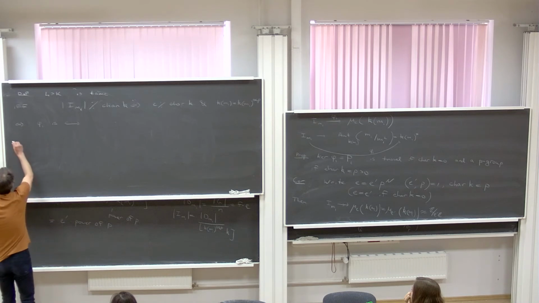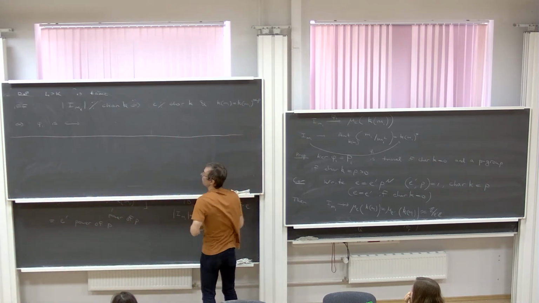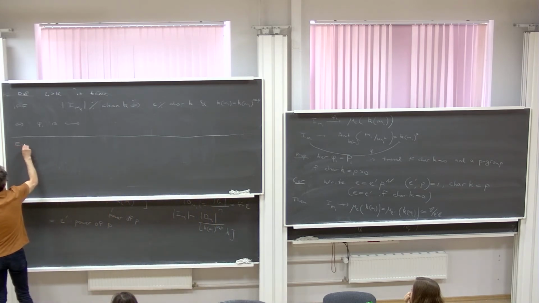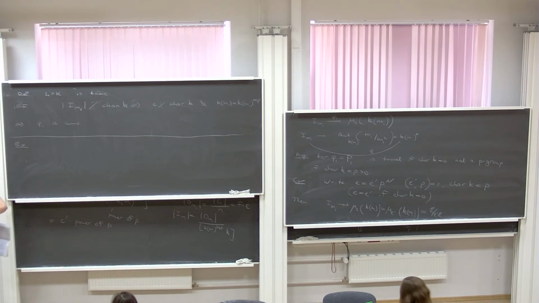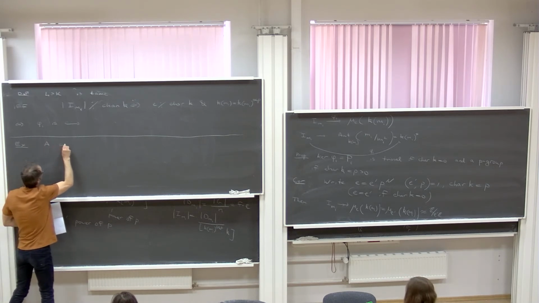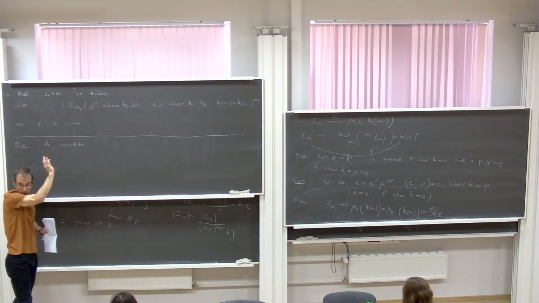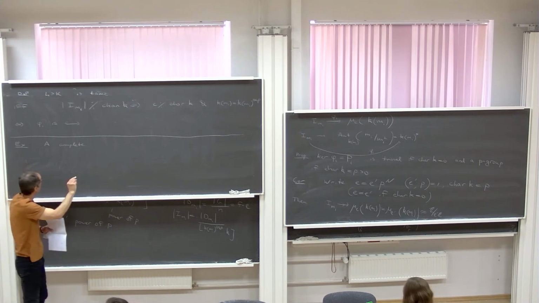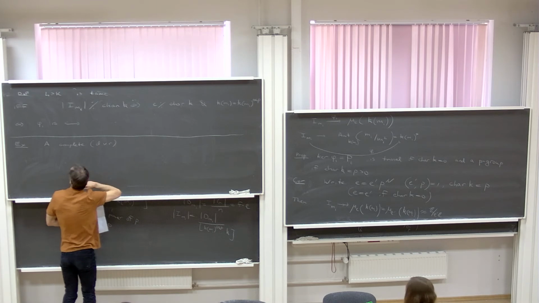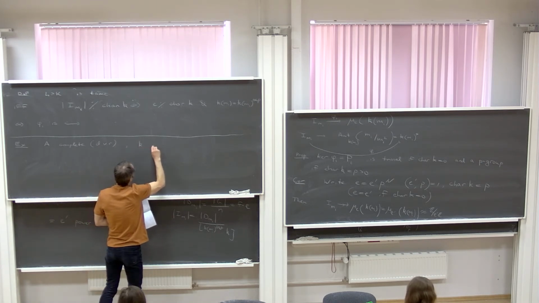So, let's look at an example. All this gets simplified when we assume that A is complete. We have all the setting that we had before. So A is a DVR, a complete DVR, and I also assume that K is perfect.